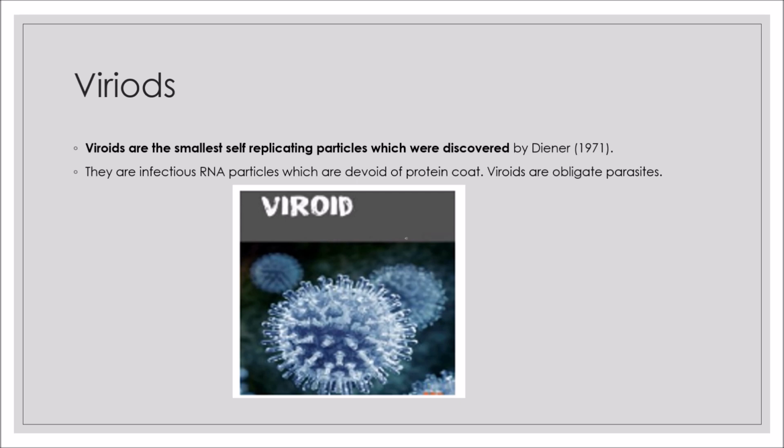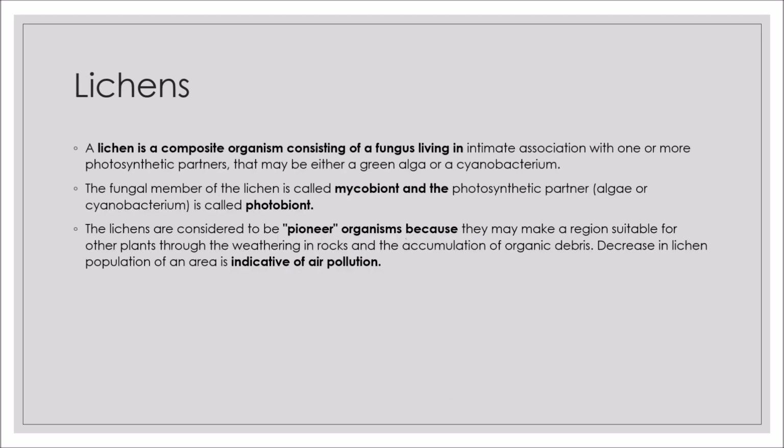And the last topic is lichens. Lichens are composite organisms. They consist of a fungus living in a close, intimate association with one or more photosynthetic partners. It may be green algae or cyanobacterium.